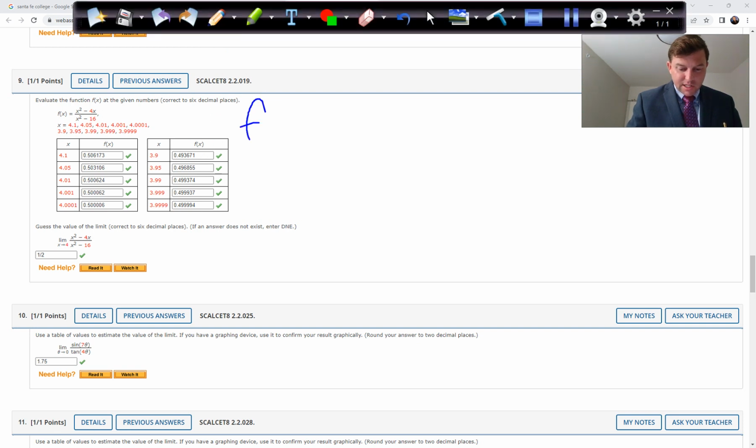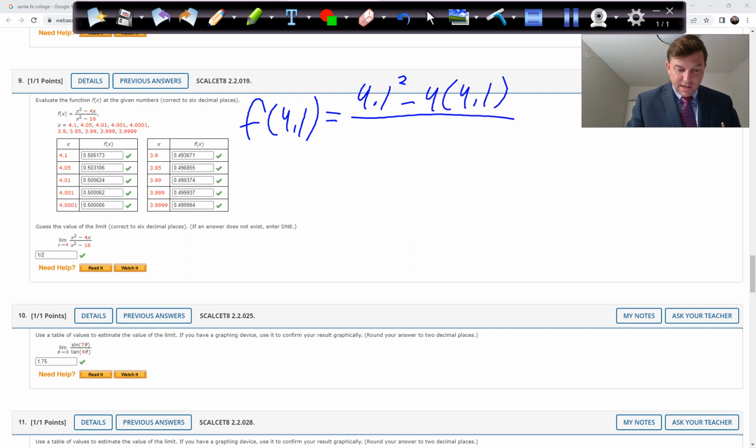Then they change x to 4.1. So you're going to have to type in your calculator 4.1 squared minus 4 times 4.1 divided by 4.1 squared minus 16. And if you do this, you will get 0.506173.